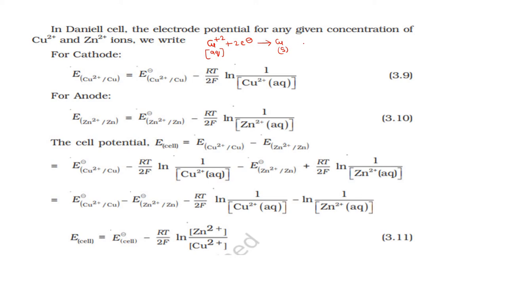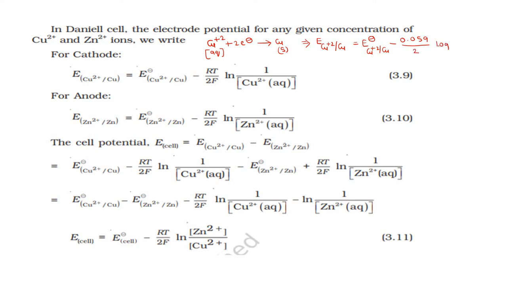For this one I am writing the Nernst equation. How to write the Nernst equation for this one? Write down first of all Cu^2+ converting into Cu. Next, E naught, at 298 Kelvin temperature. These values will always be constant. Next minus 0.059 divided by the number of electrons, which is 2 here.